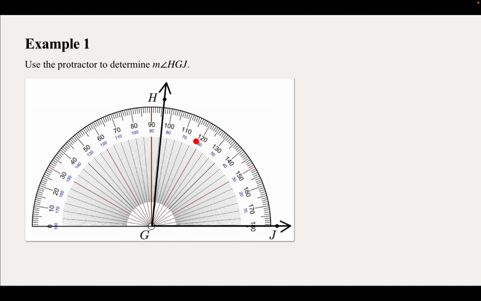So I'm looking at an angle measure of 84 degrees. So I would say the measure of angle HGJ equals 84 degrees. If you had your ray coming on this side, then you would have used these black numbers because they're the ones that are increasing as you go from your one ray to the other.